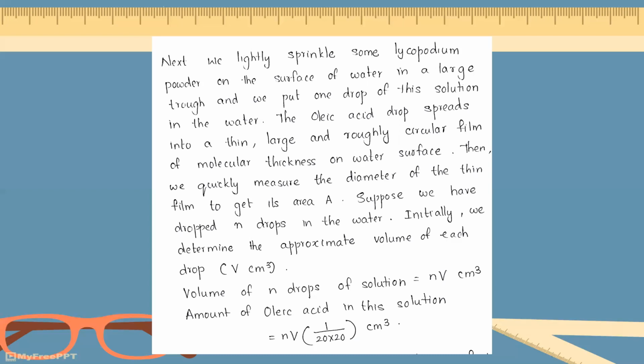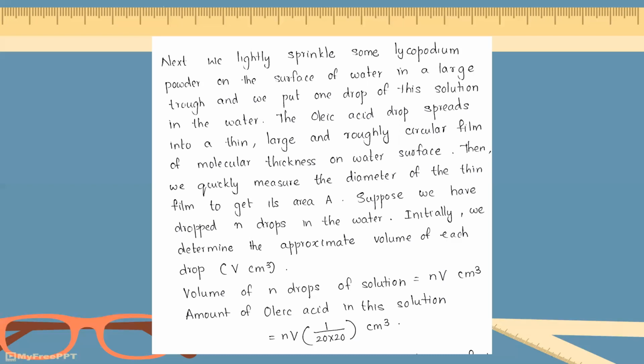Before putting one drop, we will take some drops, like 5 drops or 6 drops, and measure the volume of n drops. Then you can find the volume of one drop. So if V is the volume of one drop, then for n drops it is n into V.